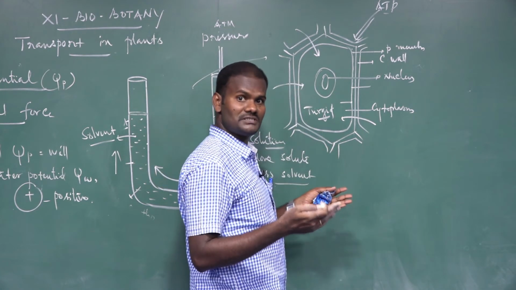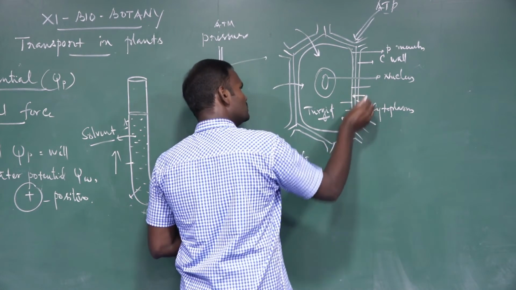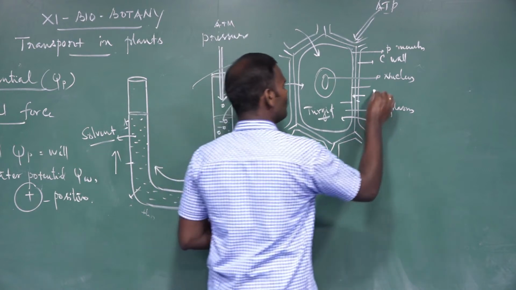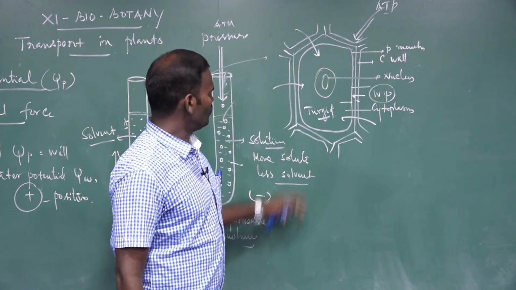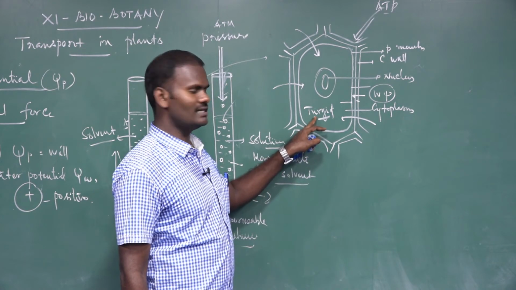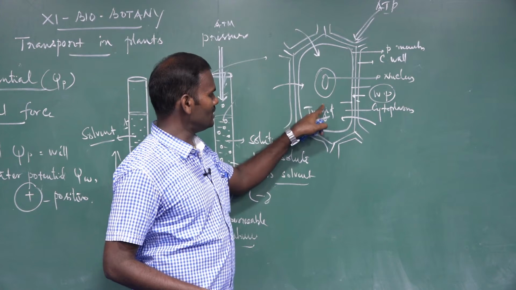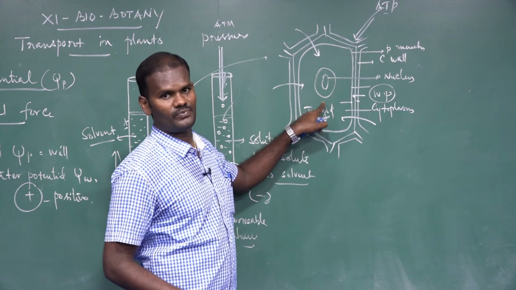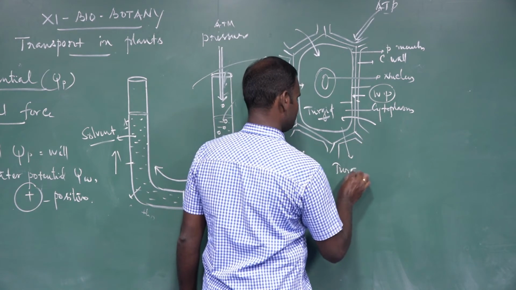To prevent bursting, the cell wall pushes back or creates a pressure against the turgid cell. This is called wall pressure. So due to atmospheric pressure, water continuously enters the cells, the cell becomes turgid, and a positive pressure is created inside the cells.